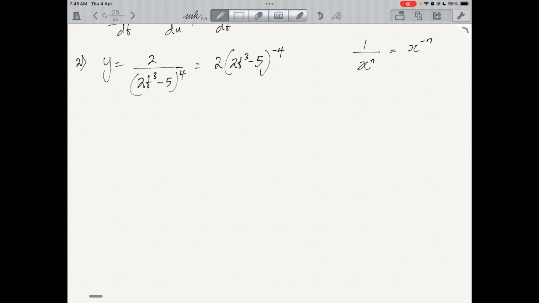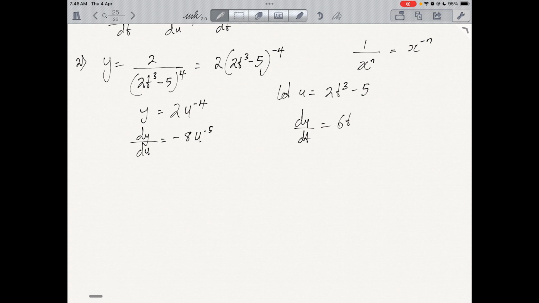Now in this case, we can say let u be equal to 2t cubed minus 5, and therefore our y will be equal to 2u raised to power minus 4. Therefore we can evaluate dy/du, and we can also evaluate du/dt. dy/du in this case will give us minus 8 u raised to power minus 5, and du/dt will give us 6t squared.